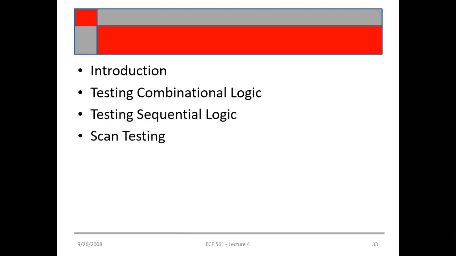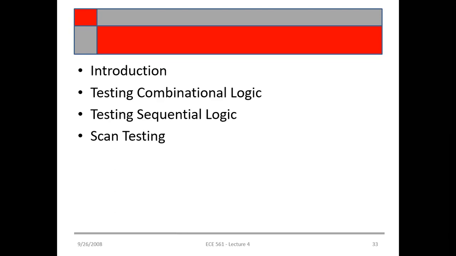The other one is the testing of sequential logic. Sequential logic circuits are nothing but flip-flop circuits. In flip-flops, the output depends on the present state plus the input state.